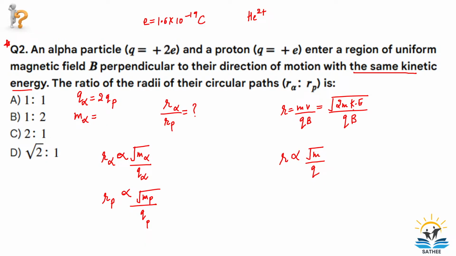So the mass of alpha particle is 4 times the mass of proton. The mass of proton is 1 u, and the mass of the alpha particle is 4 u, in atomic mass units. So you have the relation. Now you can take the ratio. Put m alpha and q alpha in terms of mp and qp, take the ratio and tell me which option is correct.